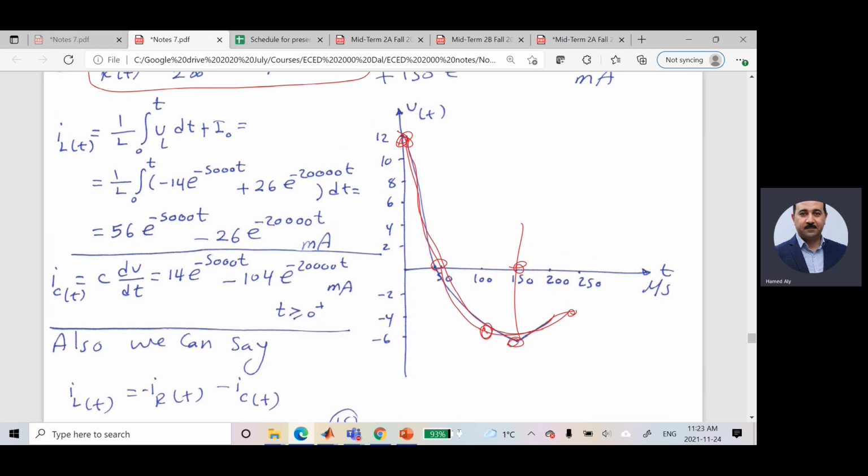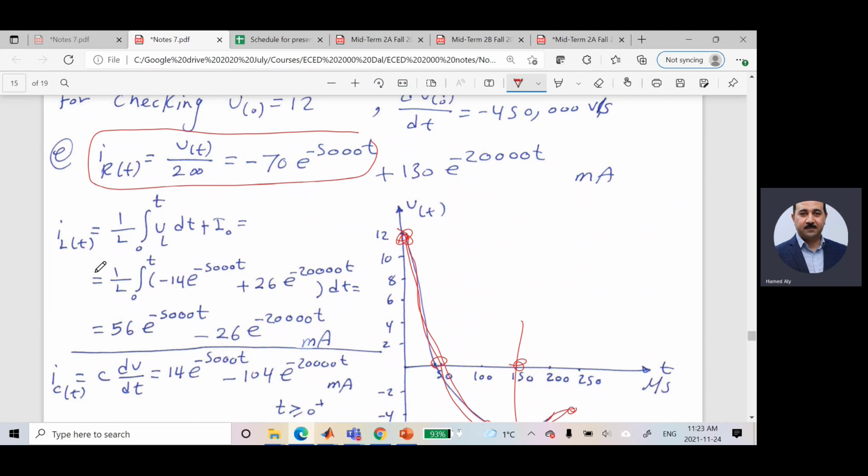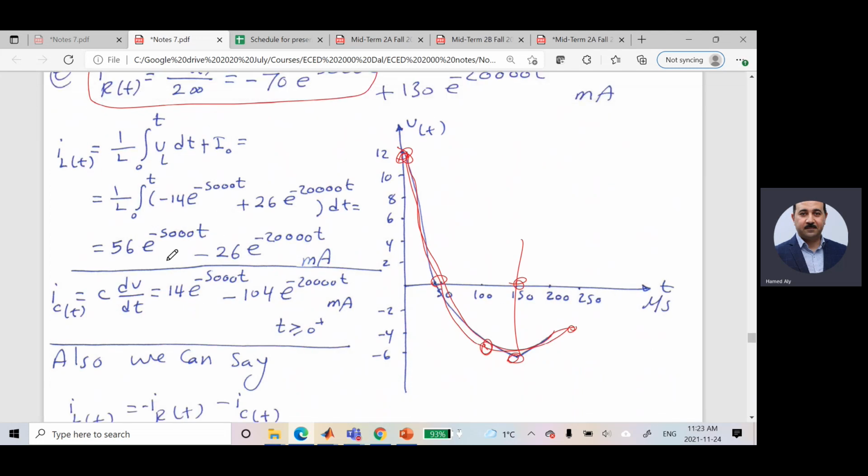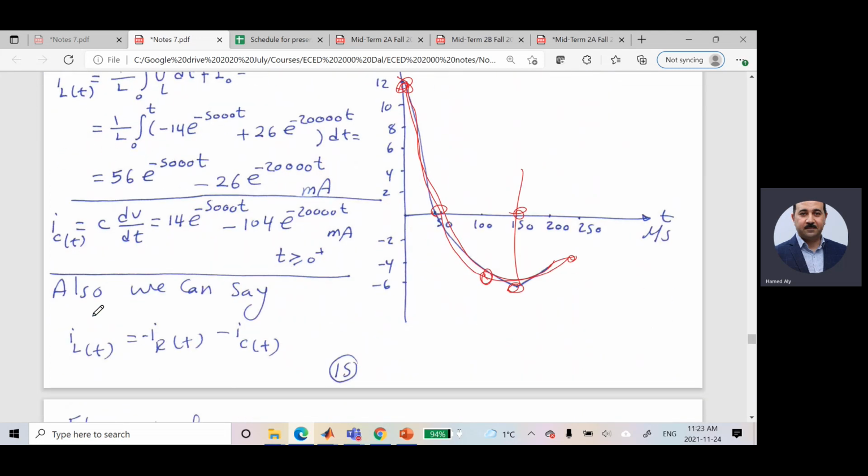If you look at the notes, IL is equal to 1 over L integral of V dt plus the initial condition, and IC is equal to C dV by dt, and then I checked that IL is equal to negative IR negative IC.